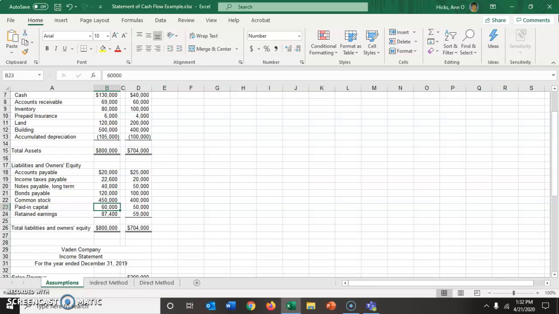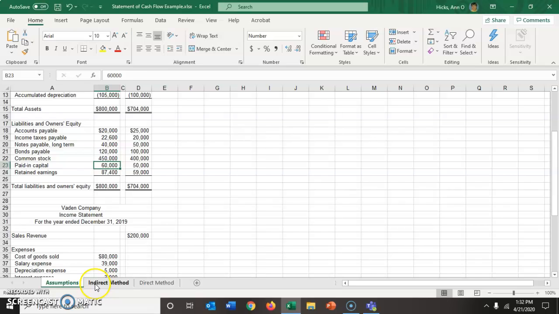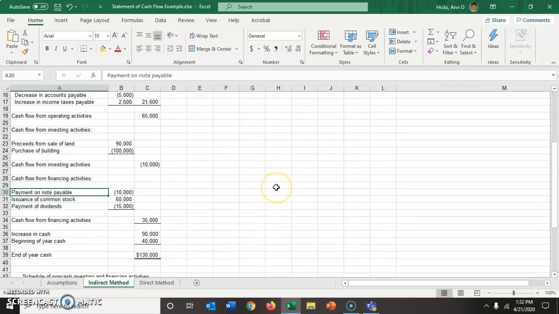Well, if we issued that common stock for 60,000, then the difference would be 10, and so that's what our paid-in capital is going up by. So if we go over to our financing activity section, we see issuance of common stock for 60,000. That is an increase in cash, so it's a cash inflow.